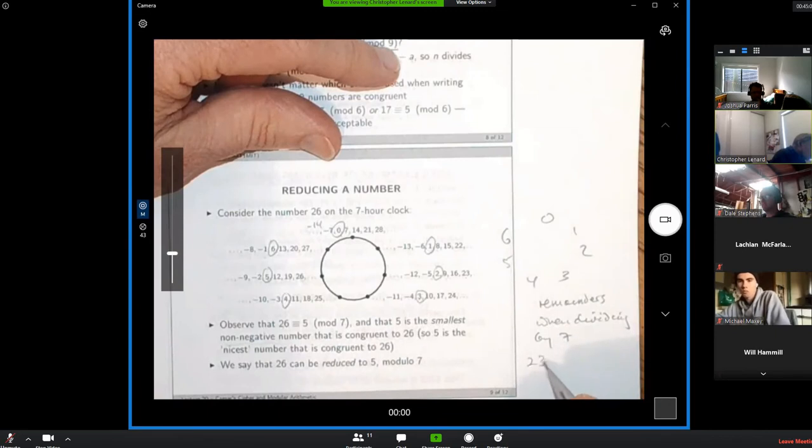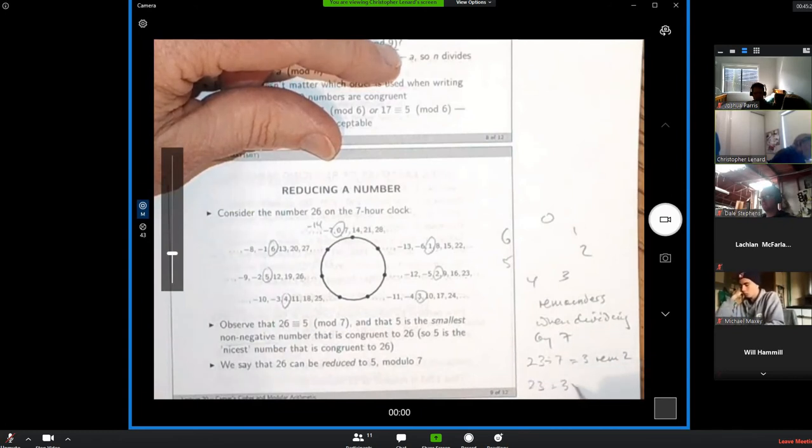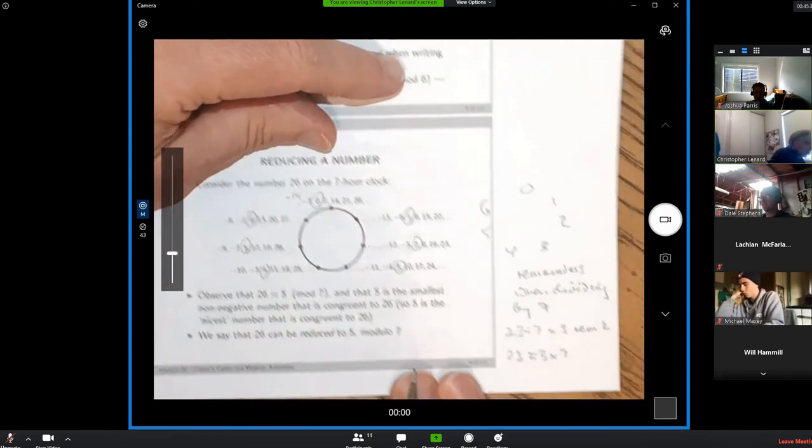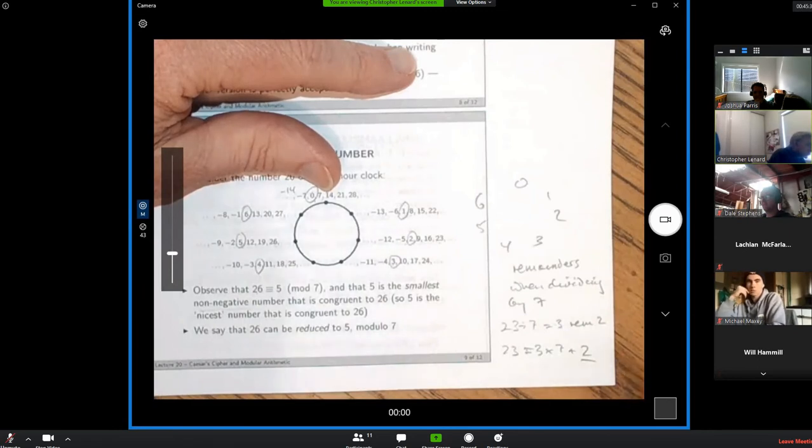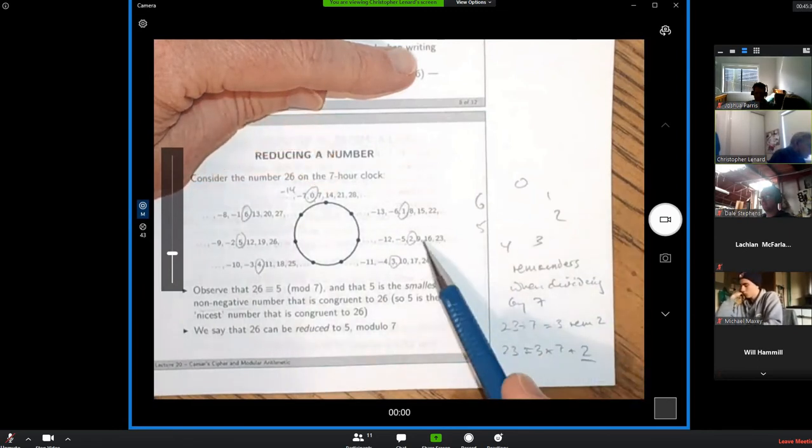You'd say it's 3 with a remainder of 2. And what we mean by that is that 23 is a multiple of 7 plus 2. 9 is 1 times 7 plus 2. 16 is 2 times 7 plus 2.